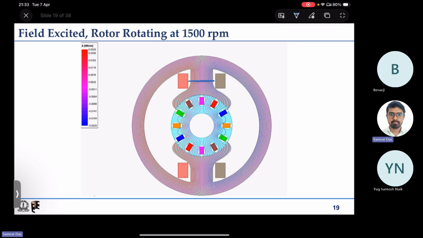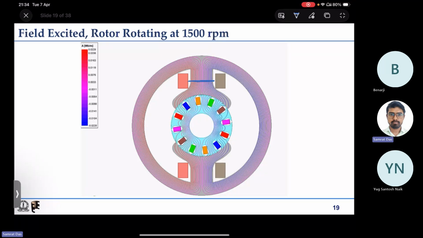The distribution changes a little bit with rotor position, but the number of flux lines does not change with time. There is some movement of flux lines on the pole body, but it is negligible.